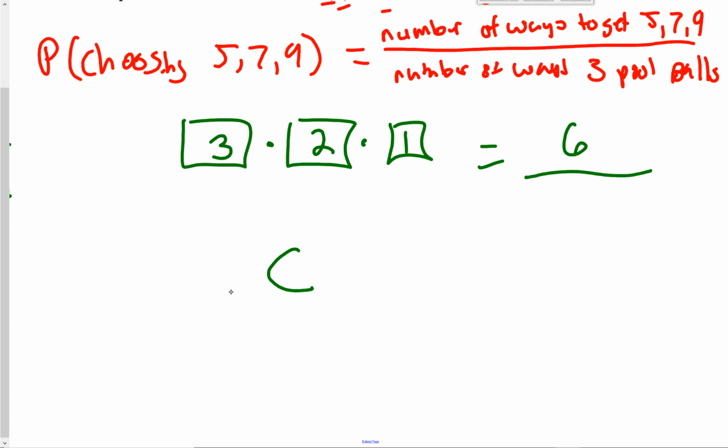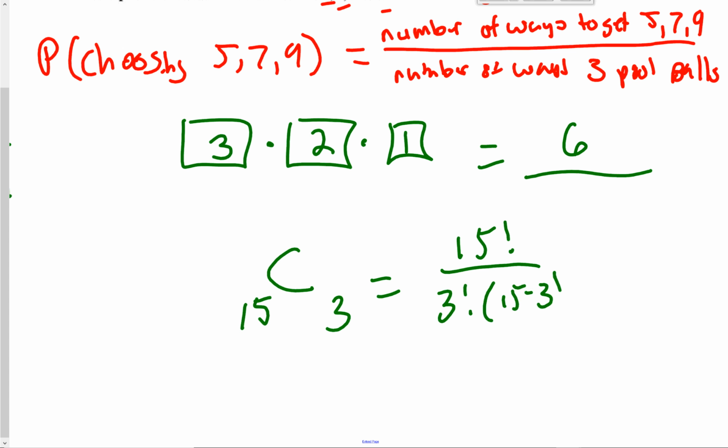Okay, and how many numbers am I picking from? Well, I'm picking from 1 to 15, so that's 15 numbers. And then how many am I actually choosing? I'm only choosing 3. So I can either do it all out like this, 3 factorial, and then 15 minus 3, which is 12 factorial, and this will reduce down, or you can plug it in, and you'll get 455. So there's my denominator.